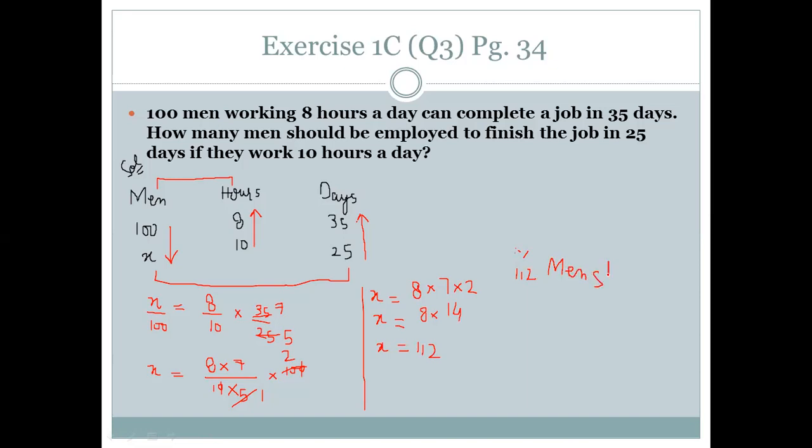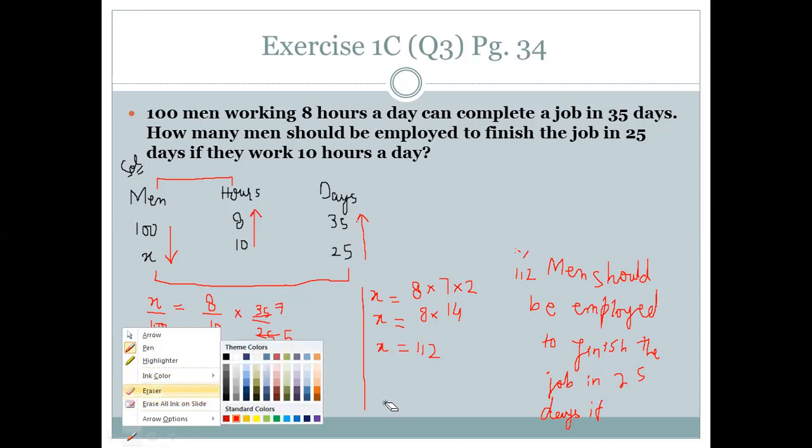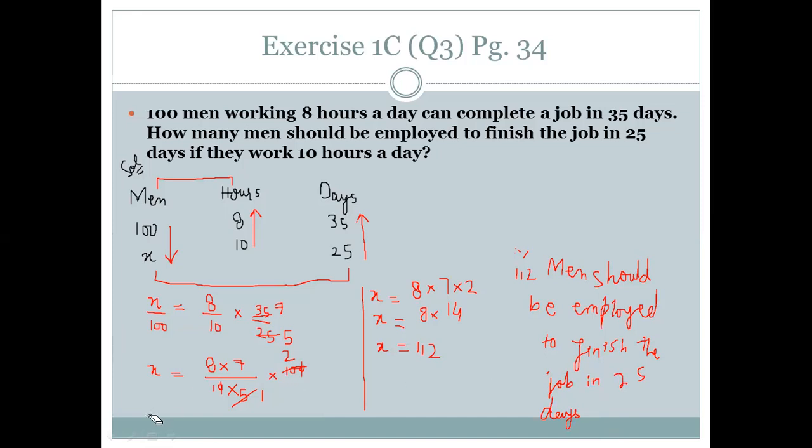So at the end of the question, you can write that therefore 112 men should be employed to finish the job in 25 days, 10 hours a day.